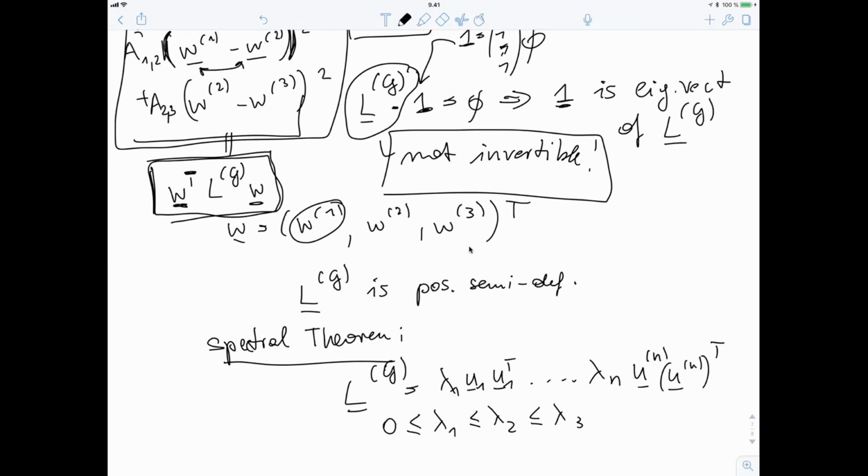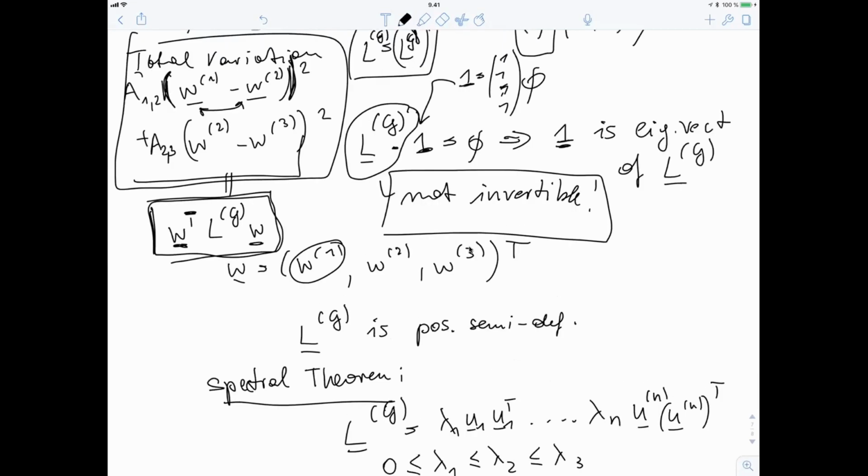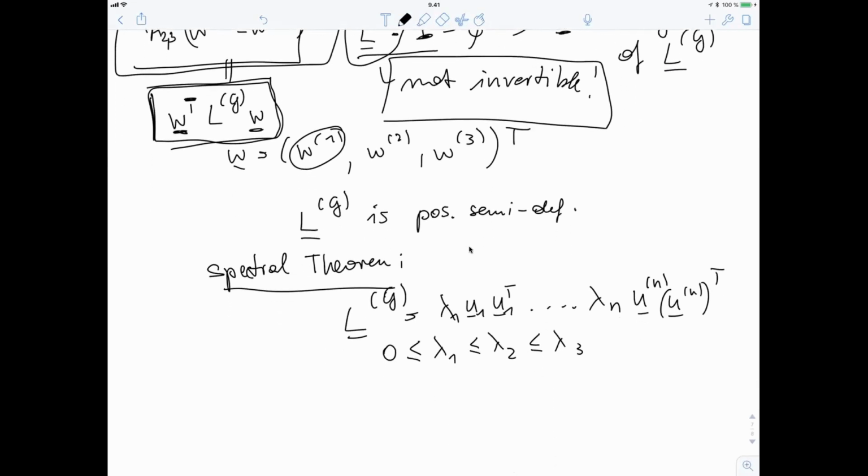But we have seen already that 1 is an eigenvector with eigenvalue 0. So this actually is an equality, and this is true for any Laplacian matrix. So the smallest eigenvalue is 0. And the corresponding eigenvector is 1.